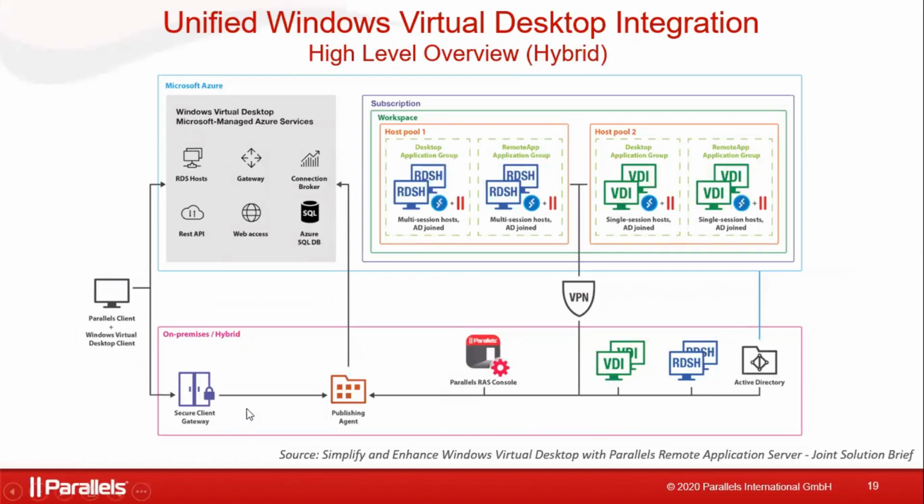This is a high-level overview. With Parallel RAS, you have the secure client gateway, which identifies which client PCs are able to access the servers or web applications via Parallel RAS. Once they are in, we have the publishing agent, which redirects the user either to the cloud service application or to their on-prem services.